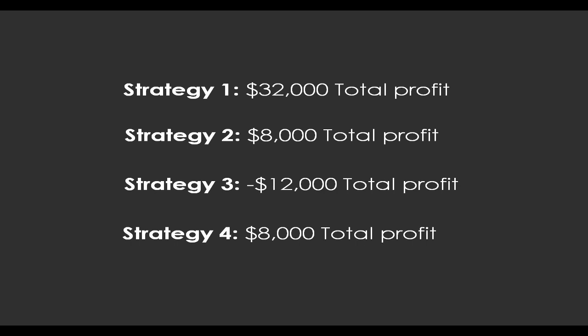Which gives us the conclusion that if we have the same frequency, i.e. we have two strategies that, let's say, both produce 1,000 trades a year, the one with the higher expectancy is going to be the most profitable one, naturally. But if frequency isn't equal, then we're actually going to have to use a little math to find out which strategy is more profitable. And overall, if you have a negative expectancy, it's going to lose money.